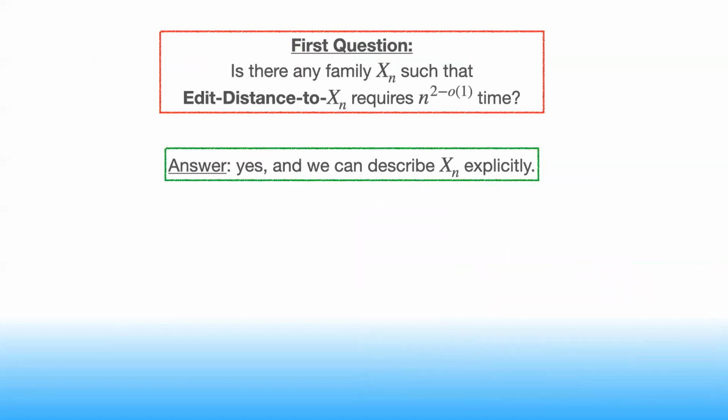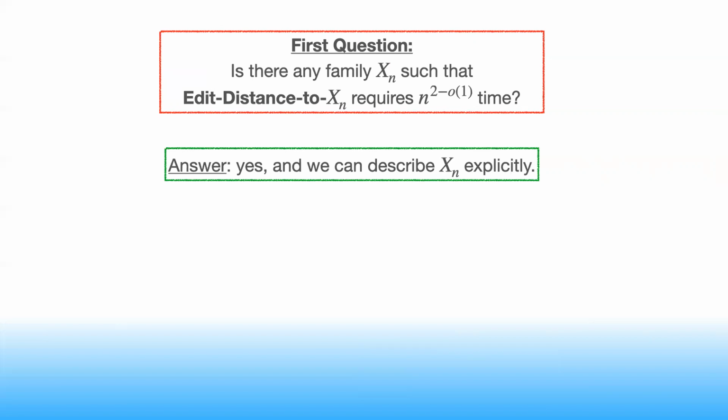So we can now show a family of sequences X such that edit distance to X is not easy at all. You need the same worst case, the same n squared time that you needed for the worst case problem where X was part of the input. And as you will see, this hard sequence X can be described explicitly and efficiently.